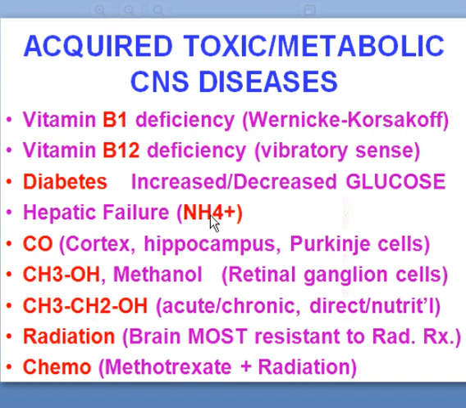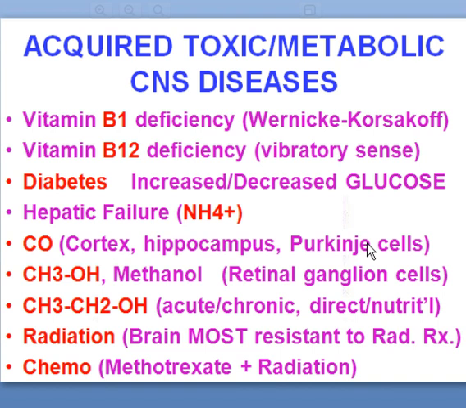When people die from carbon monoxide poisoning, a lot of things happen. You know what happens to their hemoglobin, but the areas of the brain that are the most sensitive to hypoxia are the cerebral cortex, the hippocampus, and the Purkinje cells.